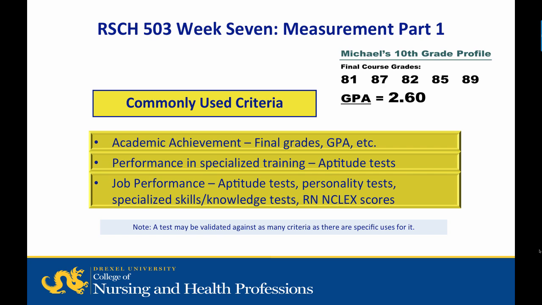Aptitude tests, personality tests, specialized skills knowledge tests, for example, the ANCC, AANP board tests, the NCLEX-RN test, and others, are used as criteria for job performance. A test or instrument may be validated against as many criteria as there are specific uses for it.